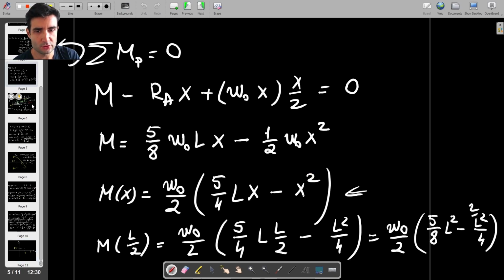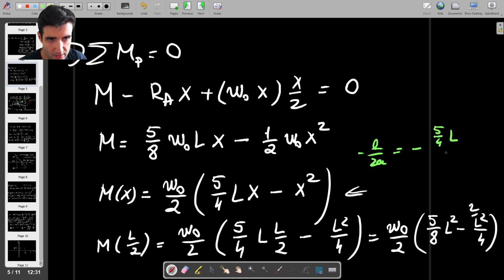Now I would also try to find where the maximum occurs in this case. If I do minus b over 2a, my b value is 5 over 4 L, and my 2a is going to be minus 2.